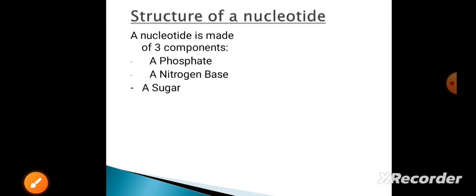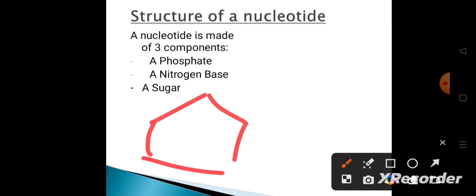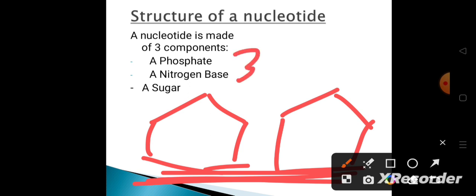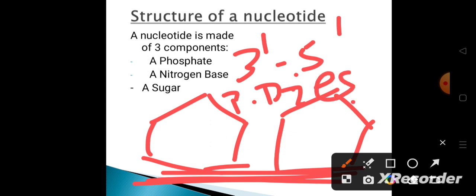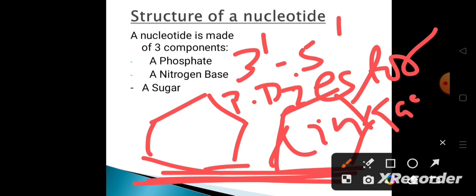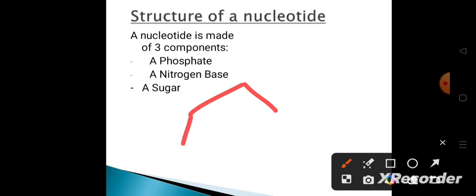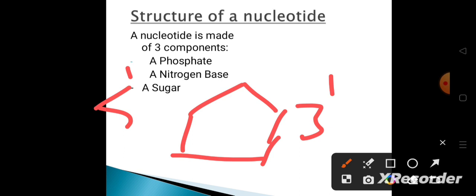Now moving further, now two nucleotides are linked through. See, let's suppose this is a nucleotide, this is another nucleotide. Now these two nucleotides are linked by the help of the bond which is called 3'-5' phosphodiester linkage. Why 3'-5' phosphodiester linkage? See, a nucleotide consists of a 5' end and a 3' end. Clear?